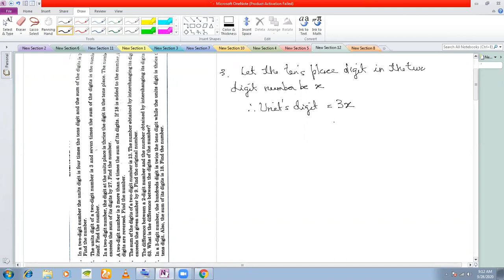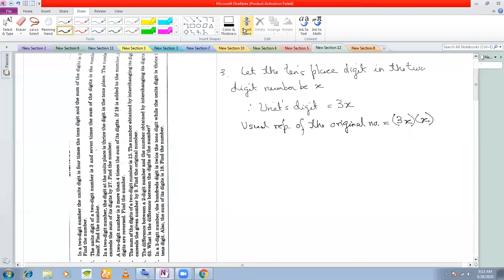Next, the number exceeds the sum of its digits by 27. So what is the sum of the digits here? Let me first write the usual and the generalized representation. Usual representation of the original number is tens place x, units place 3x.